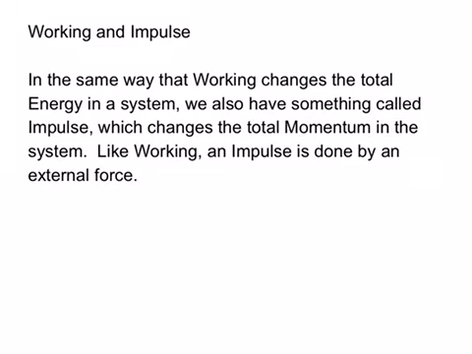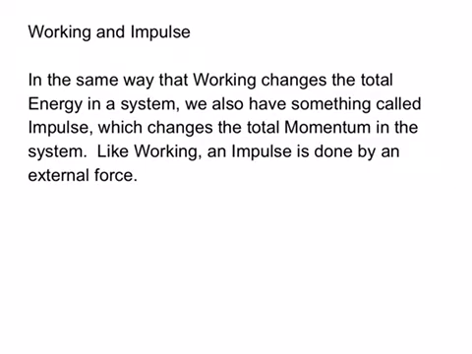Now, in the same way that working changes the total energy in the system, we also have something called impulse, which changes the total momentum in the system. Like working, an impulse is done by an external force, and that makes sense because in Unit 3, for acceleration, we know that objects don't have the same velocity at all times.